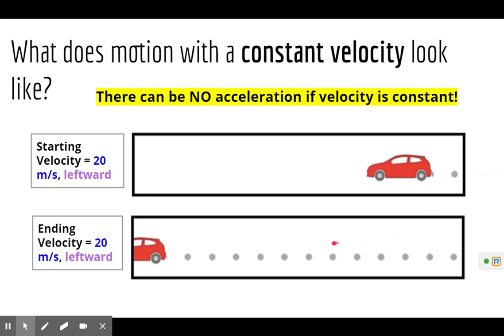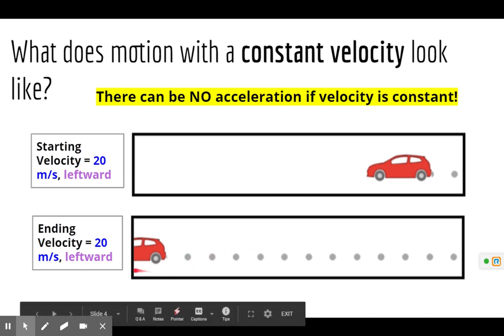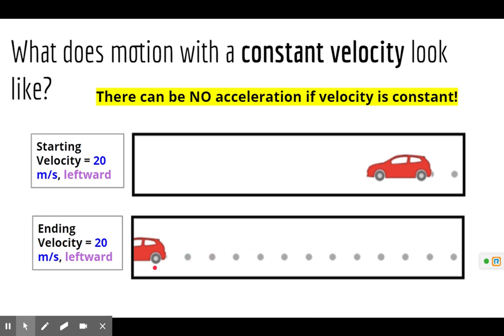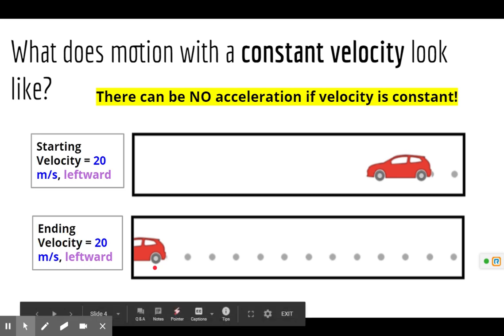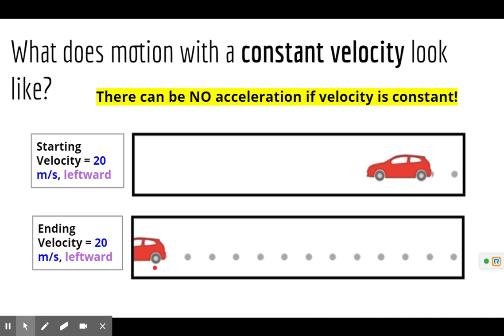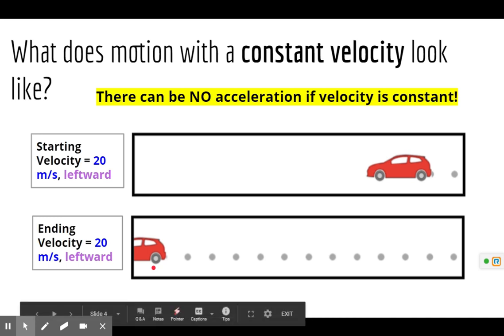In the second frame, we have the car ending with a velocity of 20 meters per second in the left direction. This is constant velocity, 20 meters per second in both cases, leftward in both cases.